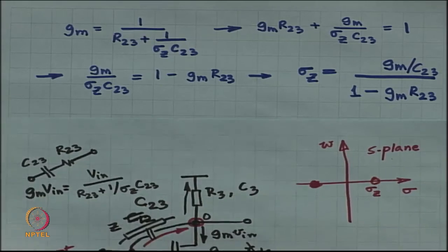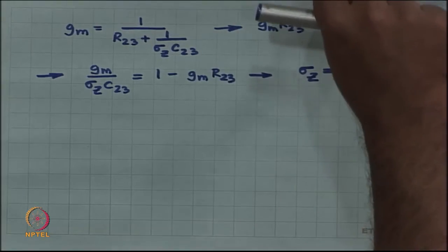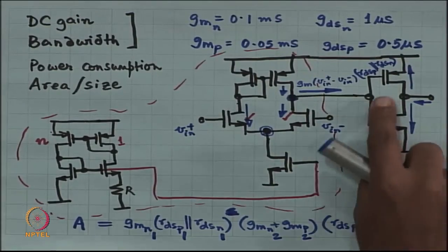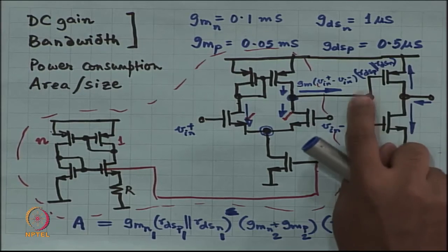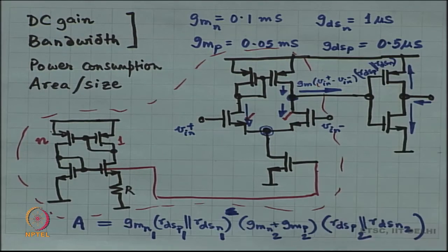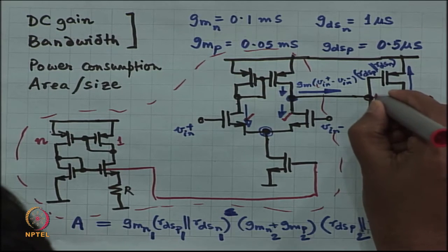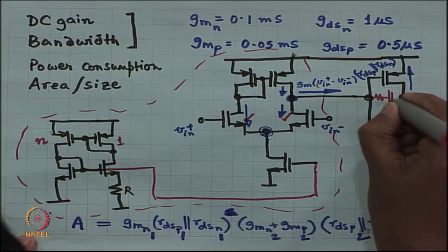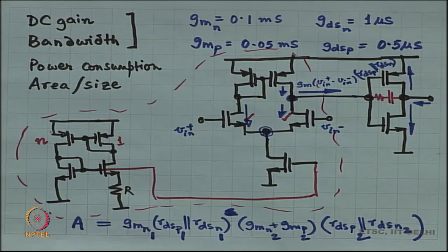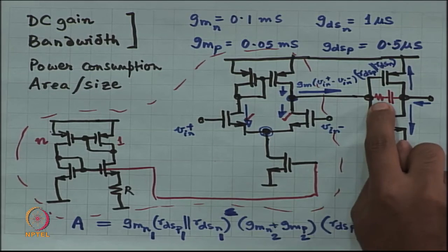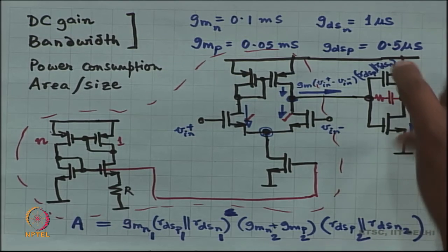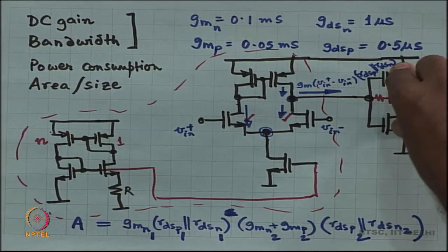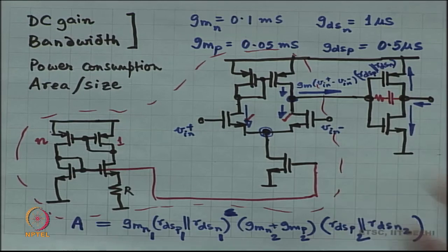Okay. So, therefore, the plan is that instead of compensating with just a capacitor C23 between these two nodes, we are going to compensate with this structure, where this resistance is 1 by the sum of these two GMs, right, and this compensation capacitor is whatever compensation capacitor we had calculated.